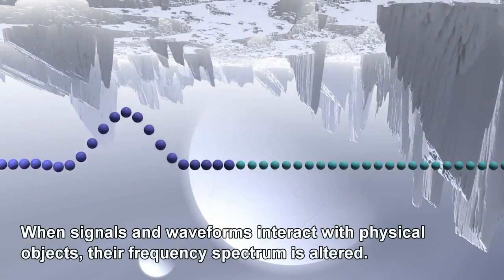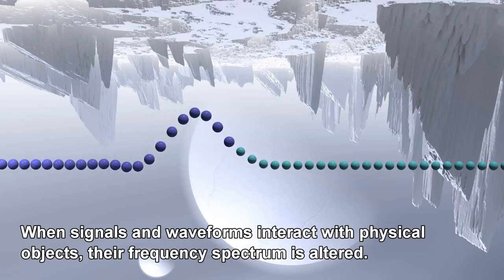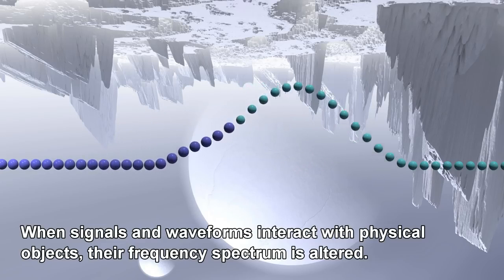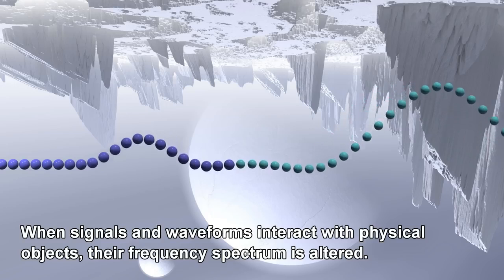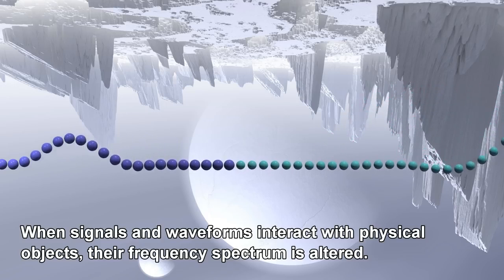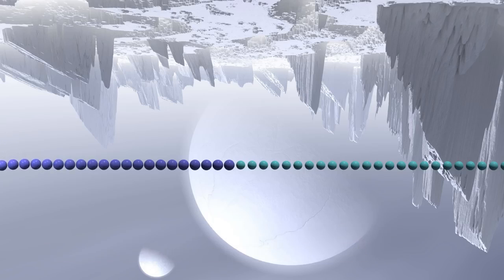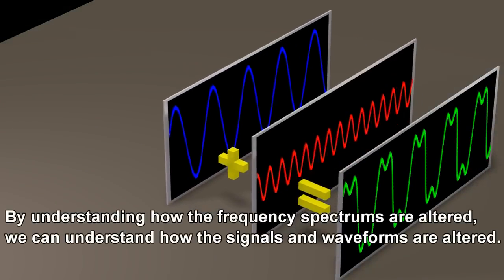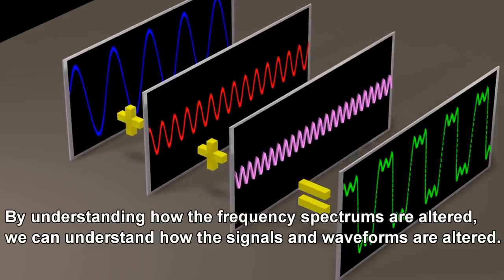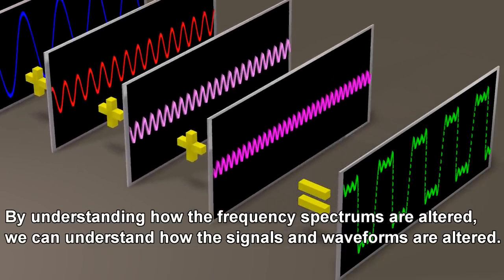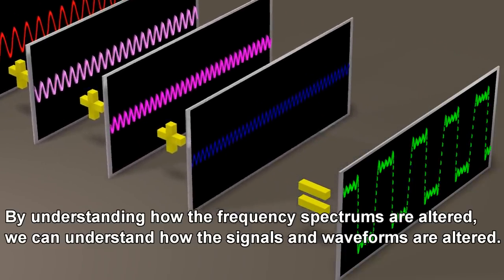When signals and waveforms interact with physical objects, their frequency spectrum is altered. By understanding how the frequency spectrums are altered, we can understand how the signals and waveforms are altered.